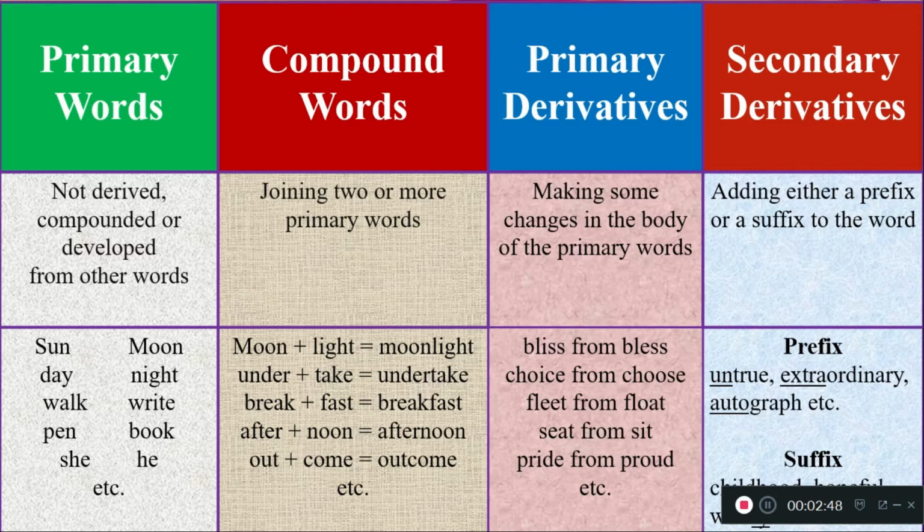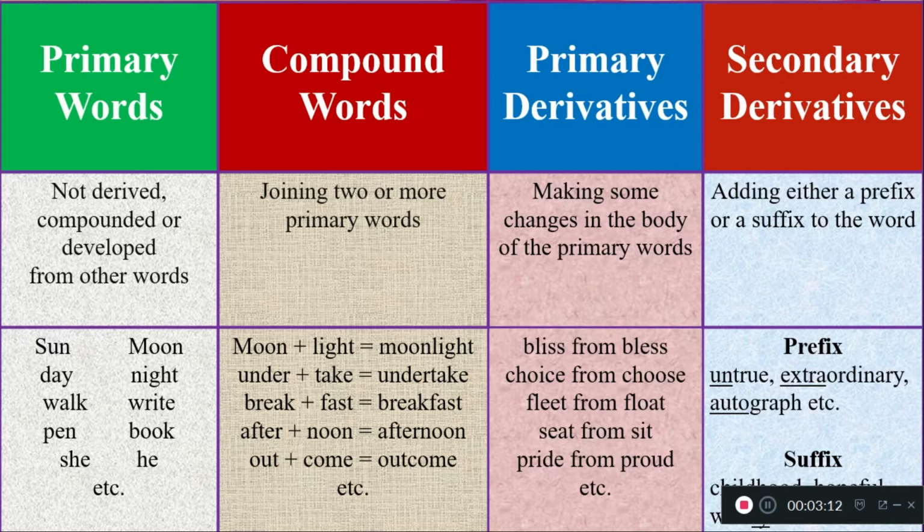Primary words belong to the original stock of words. In fact, most of the words in English language are primary words. You can notice some examples of primary words here, such as sun, moon, day, night, walk, write, etc. The primary words may be of the type of noun, pronoun, adjective, verb, adverb, etc.